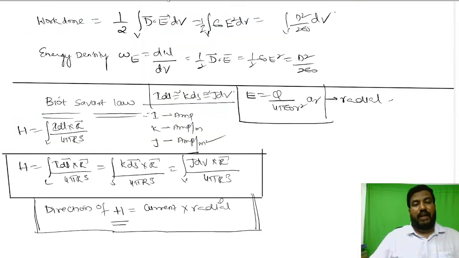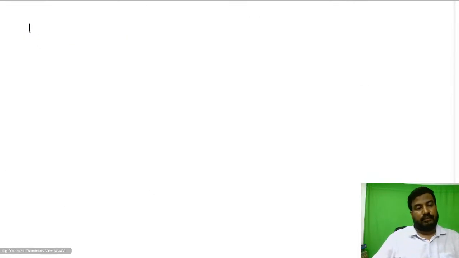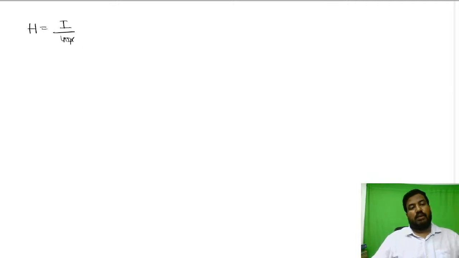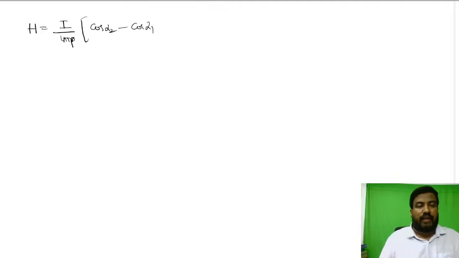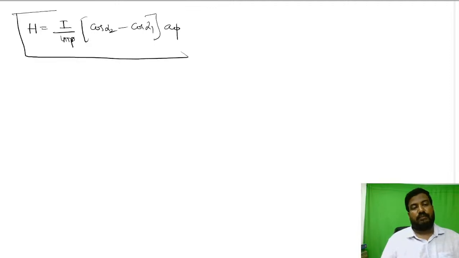Then when you apply it for a line current, the magnetic field intensity H is equal to I by 4 pi rho (cos alpha 2 minus cos alpha 1) A phi. This is for a finite line.